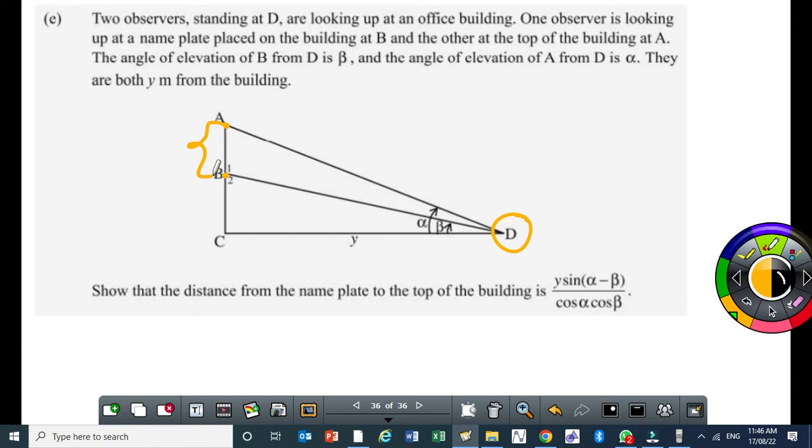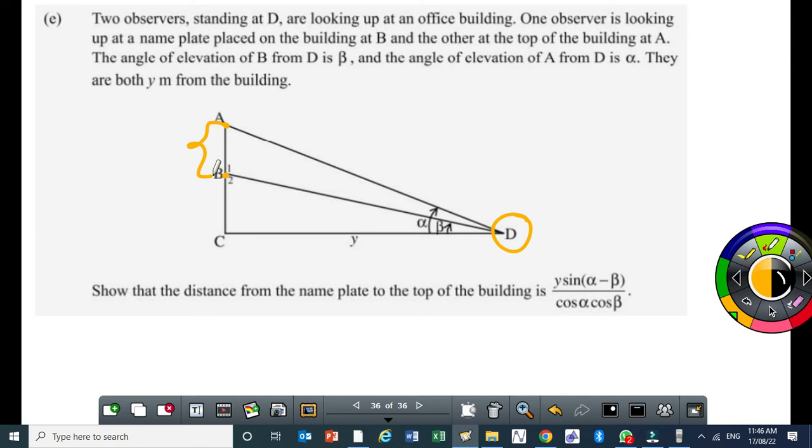Okay? Well, I'm sure you can agree with me. How many right angles do we have here? One. Right angle triangles. There are two. Where? There is ACD, there is also BCD. Okay?